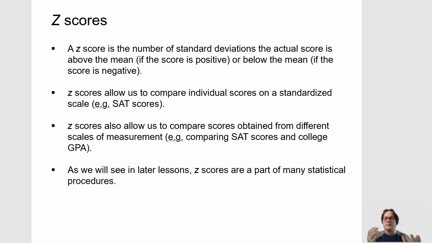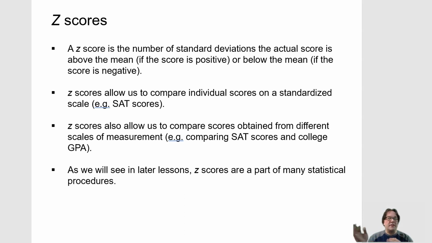As we're going to see in future lessons, z-scores are part of many statistical procedures that exist out there. The first hypothesis testing that we're going to do is going to involve z-scores on a normal distribution.